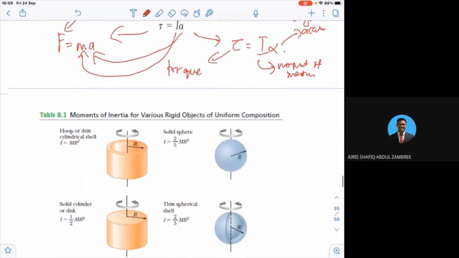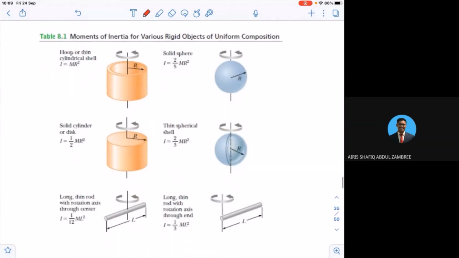Here are the moments of inertia for various rigid objects of uniform composition. The general equation is I equals mr squared.